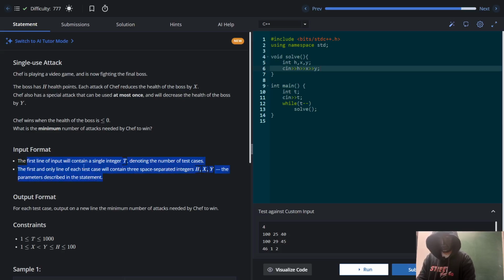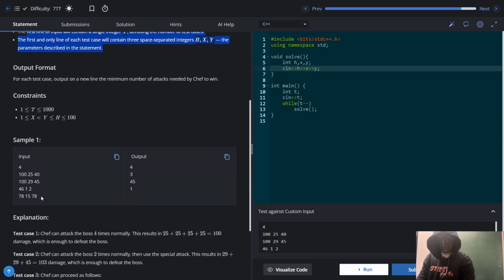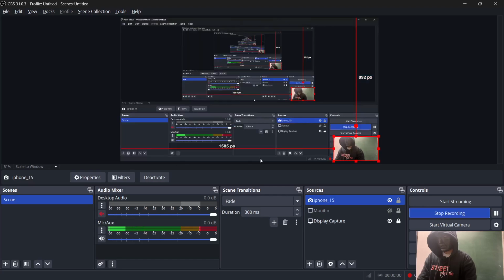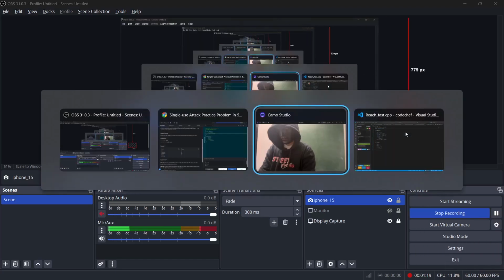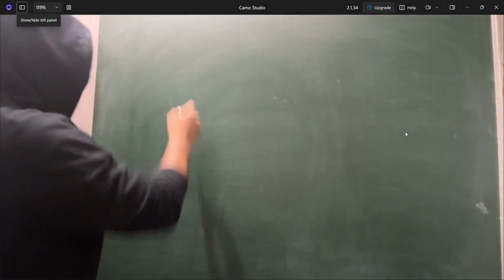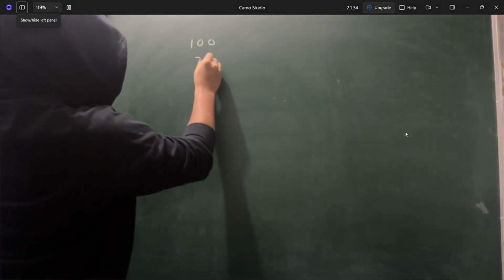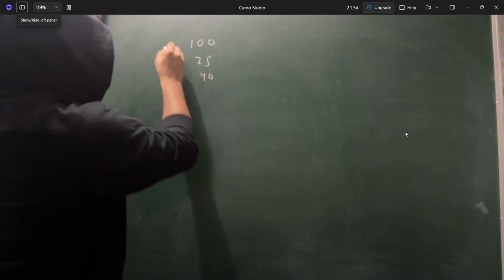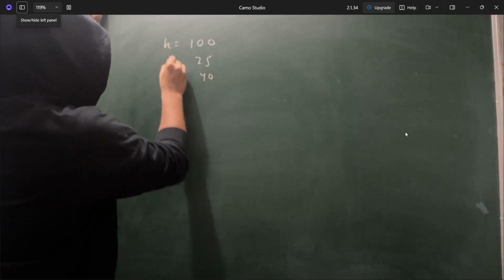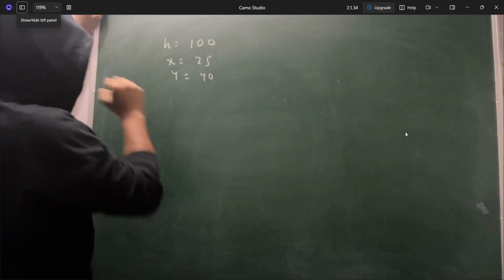So let's try to understand some of the examples. They've given 4 examples. In the first example, we have 100, 25, 40. So this is h, this is x, and this is y.